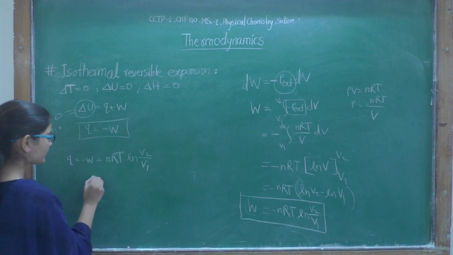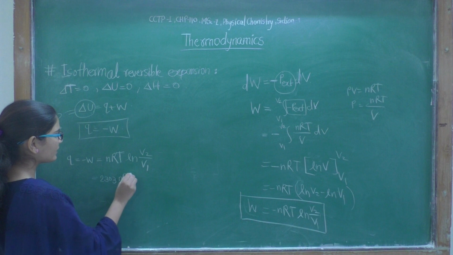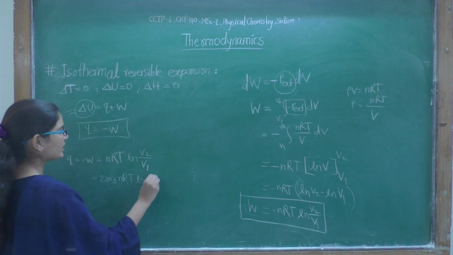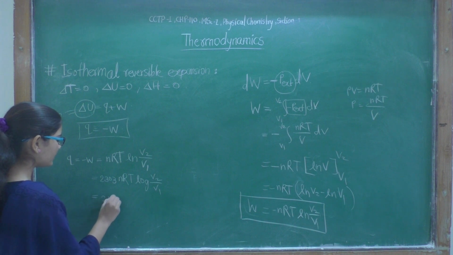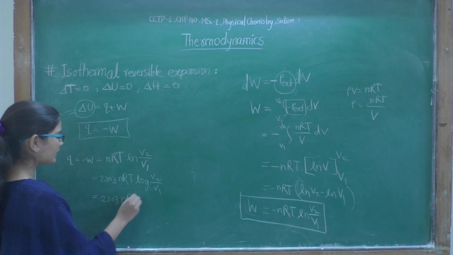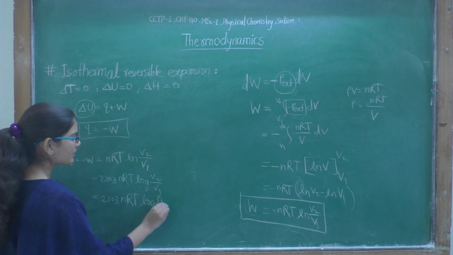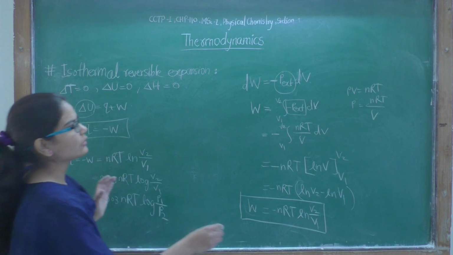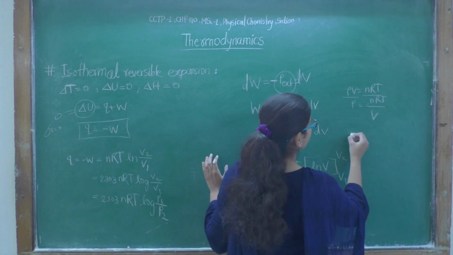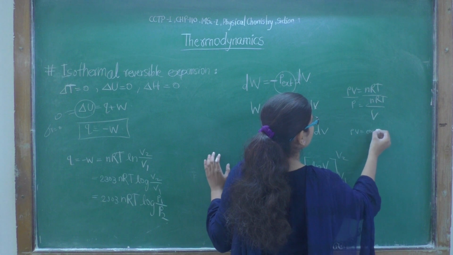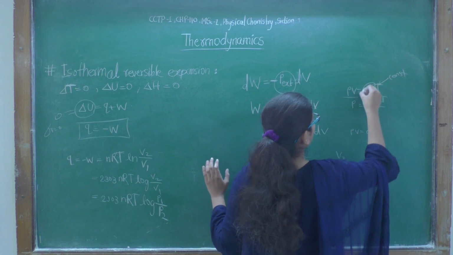It can also be written as 2.303 nRT log V2 by V1, and also as 2.303 nRT log P1 by P2. Why? Because PV is equal to constant, as temperature is constant, and n and R are constant.